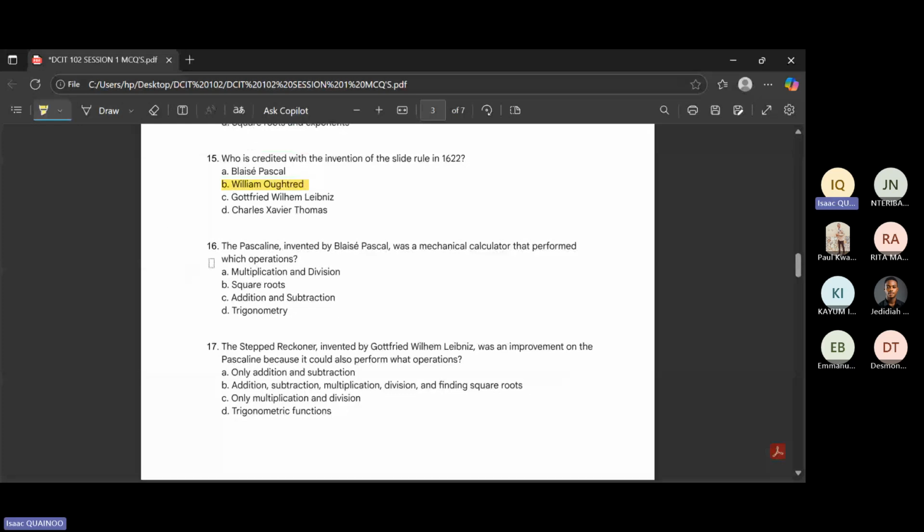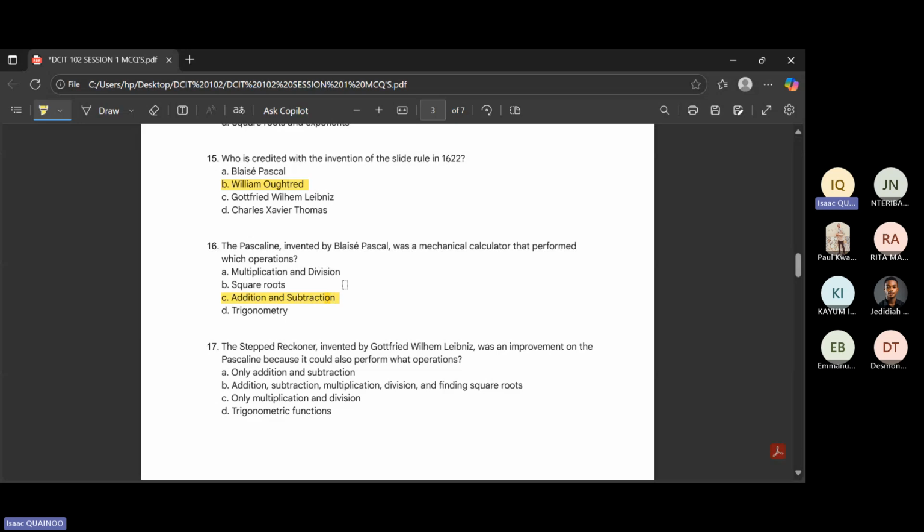The Pascaline machine, invented by Blaise Pascal, was a mechanical calculator that performed which operations? Addition and subtraction. So the Pascaline machine holds that all basic operations are born out of addition and subtraction.